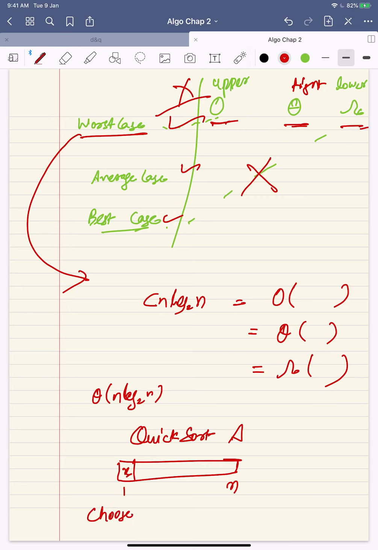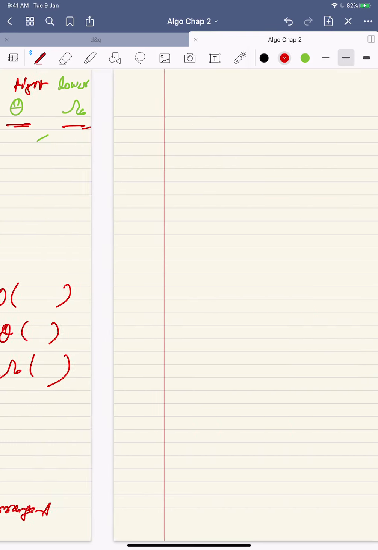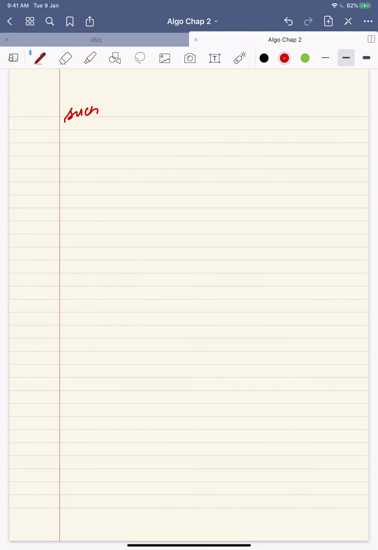Choose x as pivot and rearrange A such that x is put in its proper position in the sorted array.